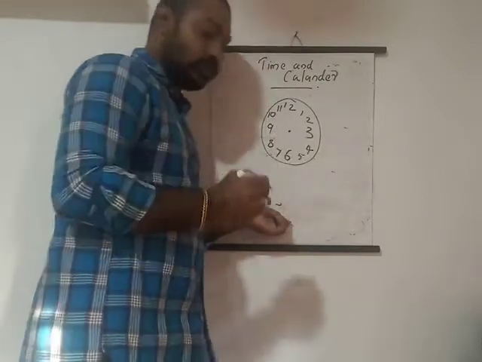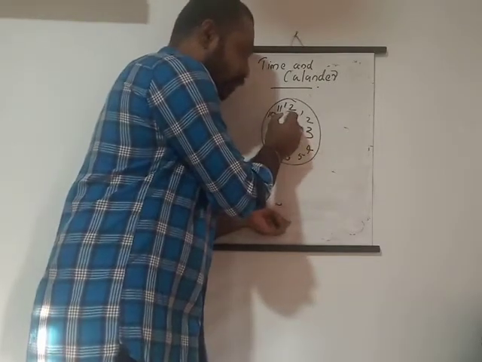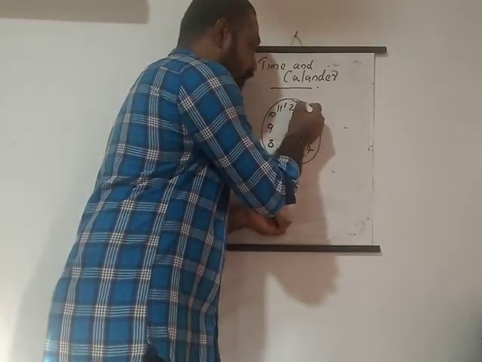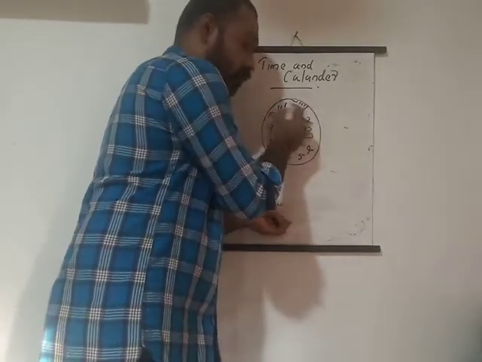In between these, the spaces are again further divided into 1, 2, 3, 4, 5. These are called minutes.